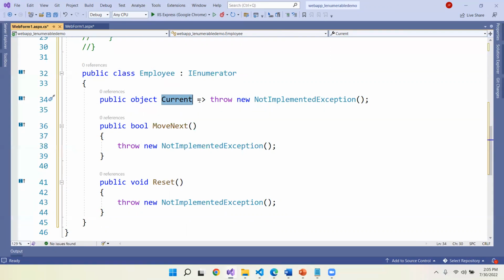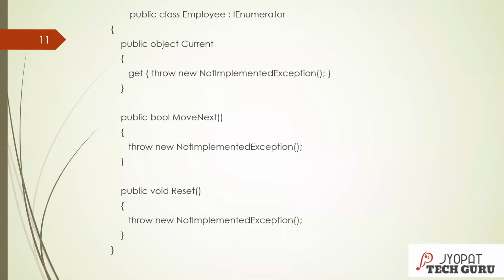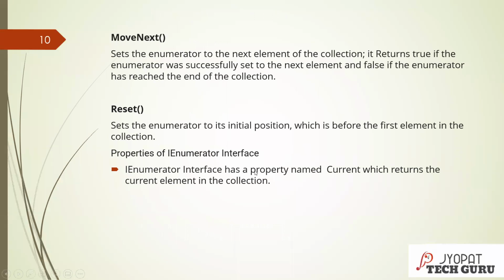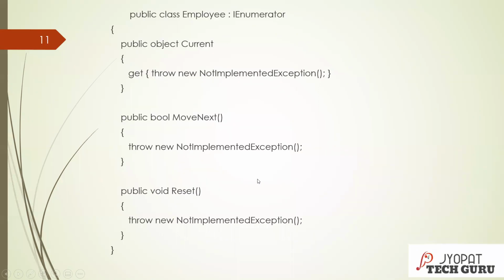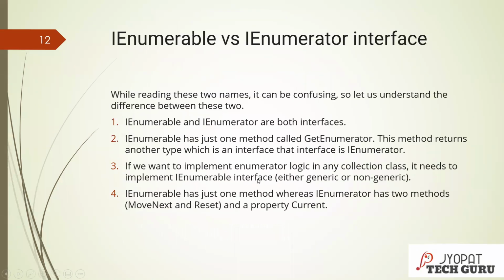Again, it is showing me some lambda expression kind of thing. If you want, again, you can use the get or set accessors. So here, this is Current, the name of the property, which tells you that it has a property named current, which returns the current element in the collection. Wherever it is pointing to, it is going to return that.